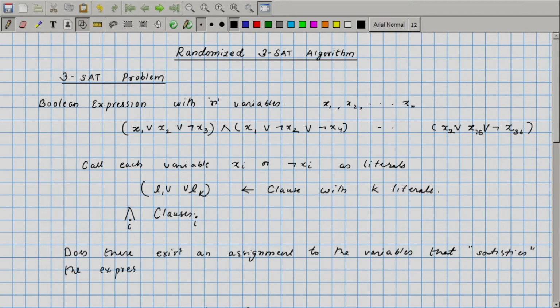Satisfies means when you evaluate the Boolean expression, you should get 1. And we will look at an even more special kind of expression, where each clause has at most 3 literals, or clauses with exactly 3 literals.